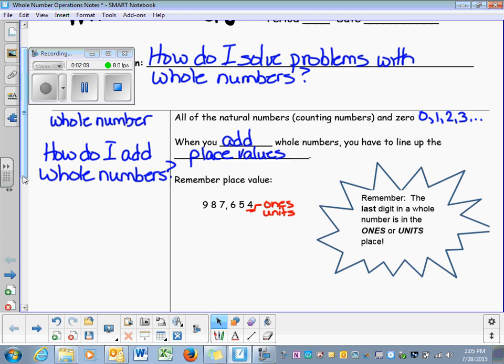Then we move to the left as we name each additional place value. The 5 is in the tens place. The 6 is in the hundreds. The 7 is in the thousands.